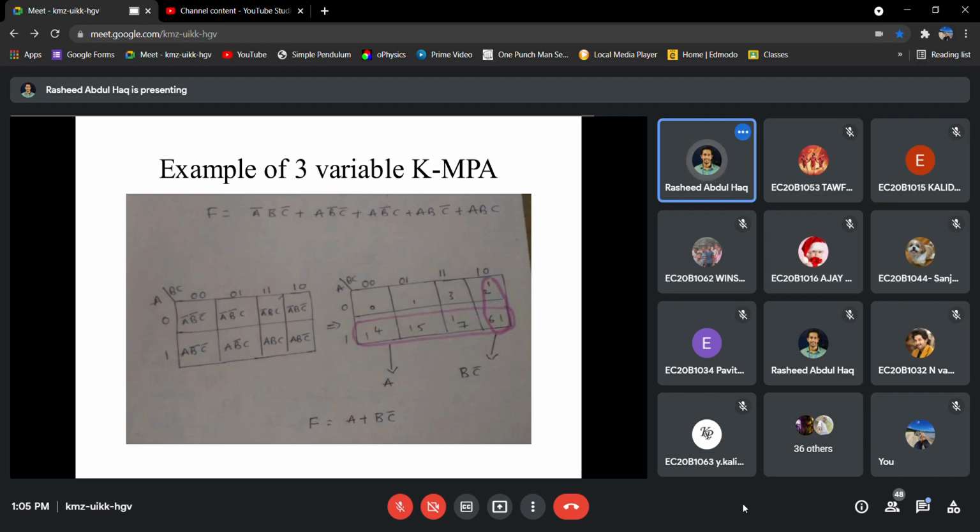In those cases A changes, but we get one in both, so we cannot consider the value of A. But B C bar is what you are getting. Or you can just look at that 1 0 at the top, in that group. The value of BC is not changing at all. The value of BC is 1 0 in both cases. That is B, C bar. 1 0 means B, C bar.